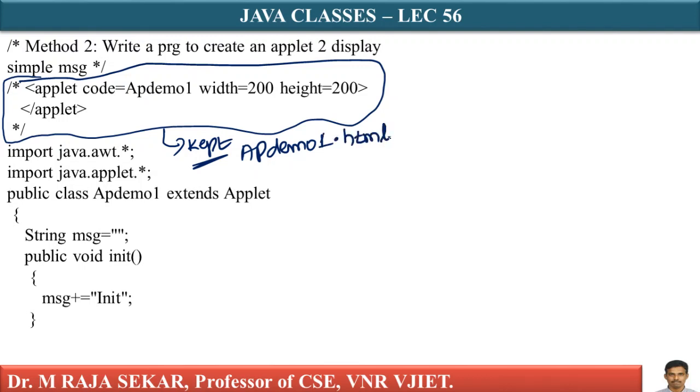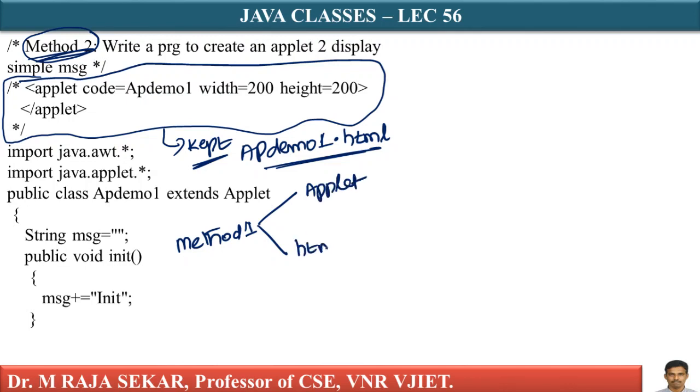Something like appdemo1.html, isn't it? But here in this program, that's why we are saying this is method 2. In method 1, we have a separate program for applet, a separate file for applet code and a separate file for HTML.